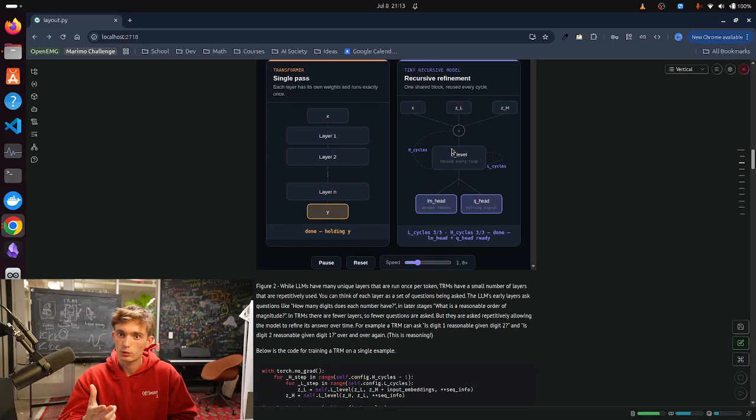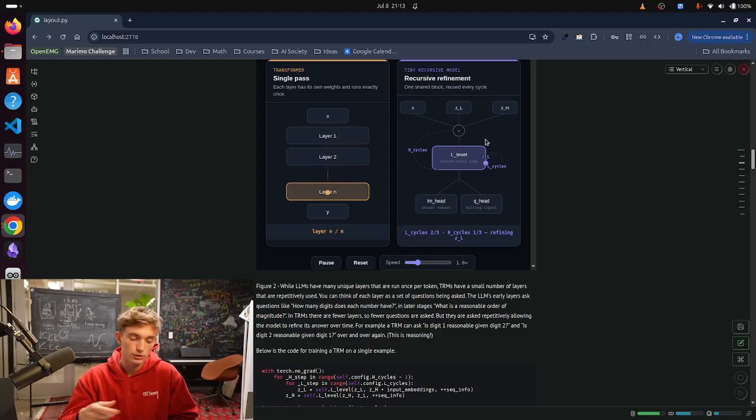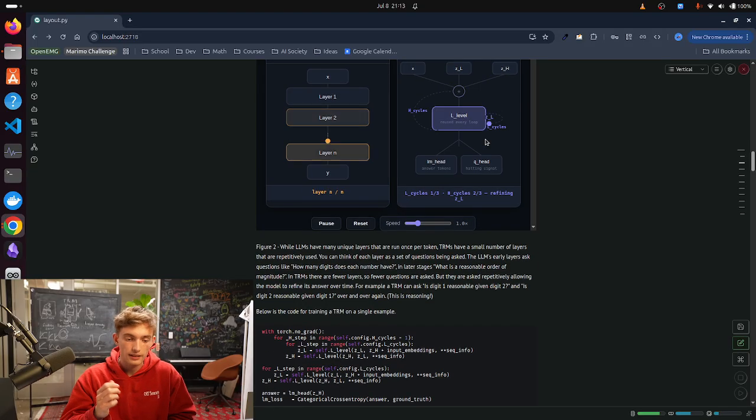Then you have your transformer blocks, usually 2 to 4, and you update your reasoning latent a number of times, then you update your answer latent once, and you go back and do that cycle a certain number of times. The LM head takes your answer latent and decodes that into the puzzle, and the Q head basically looks at the answer latent and guesses whether it's correct.